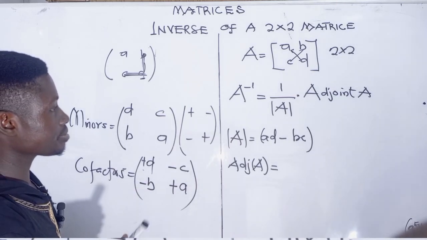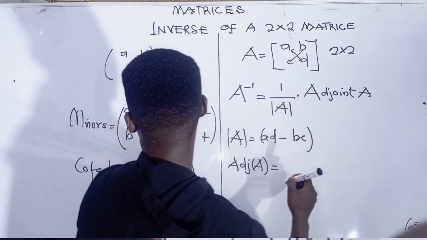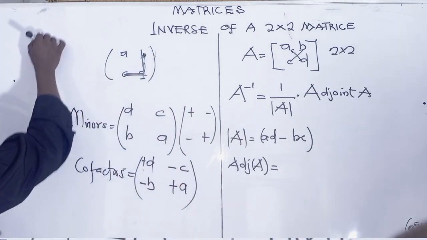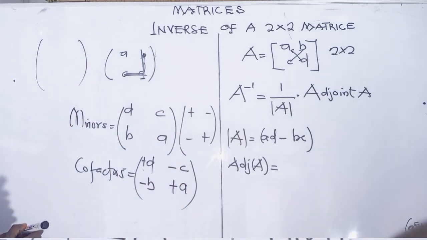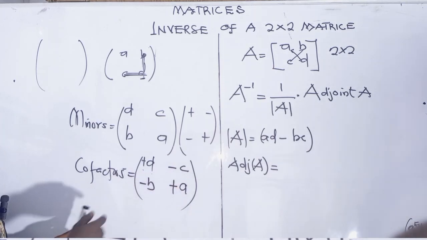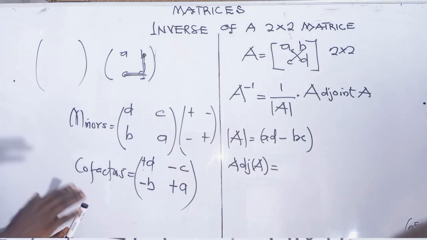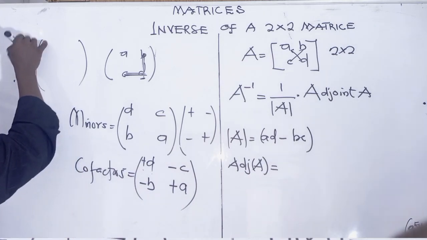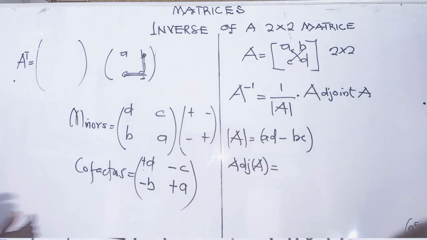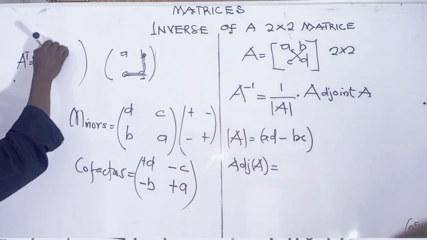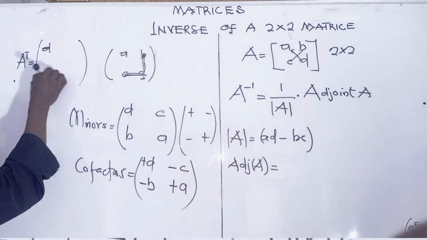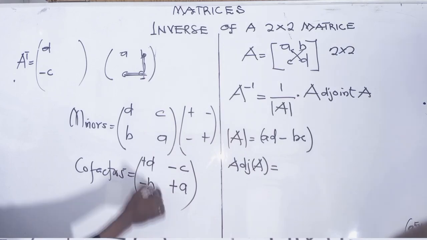So in transposing a matrix, the first row will become the first column, and then the second row will become the second column. So we have the transpose of matrix A. So the first row will become the first column. So we have D and then minus C. And then the second row will become the second column.